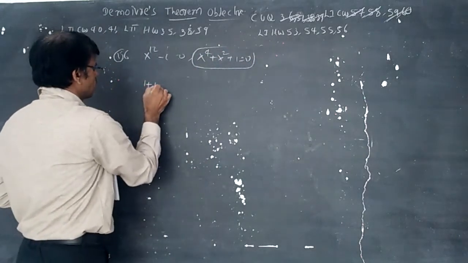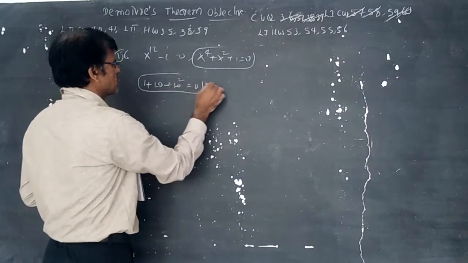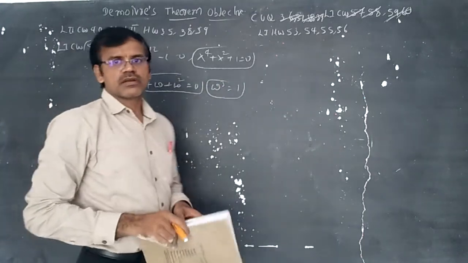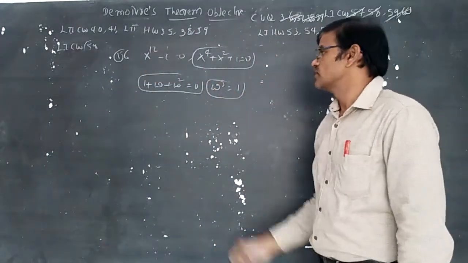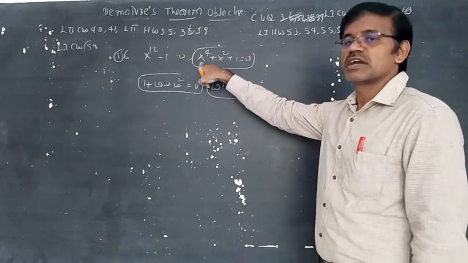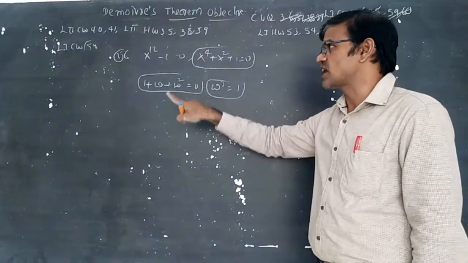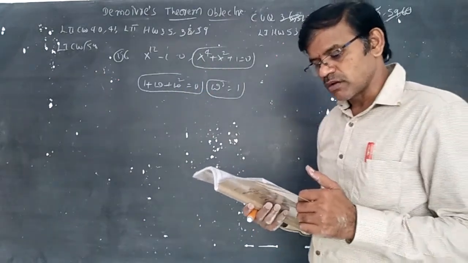Students, use the formula 1 plus omega plus omega square equal to 0, omega cube equal to 1. Whenever 1 plus omega plus omega square is equal to 0, if you substitute minus omega here also it becomes 0, because x power 4 is x square. So plus or minus omega. See the options.